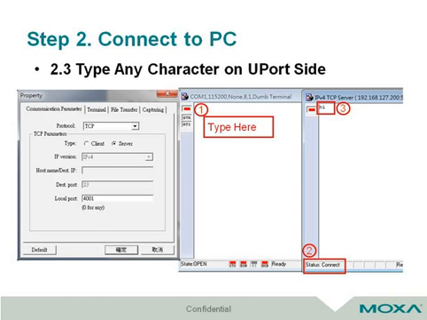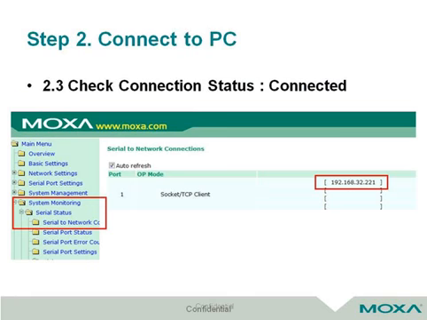Type any character from U-port to Nport serial port. You will see the status of our TCP server will become connected, and the characters will show up in the window. Now we check for connection status again, and we can see the connection is established.